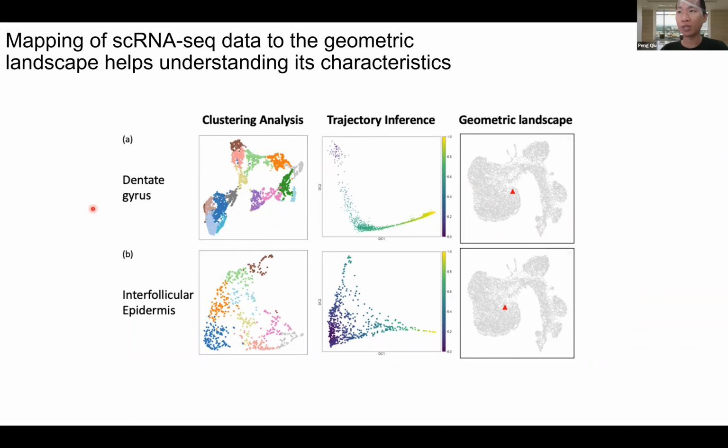If we compute those 5 scores for this data set and see where it would be in our landscape, then this data set will be here in the trajectory region. And for this data set, if we do clustering analysis, we see trajectory. If we do trajectory analysis, we see trajectory, right? So now all these different algorithms and our geometric evaluation agree with each other.